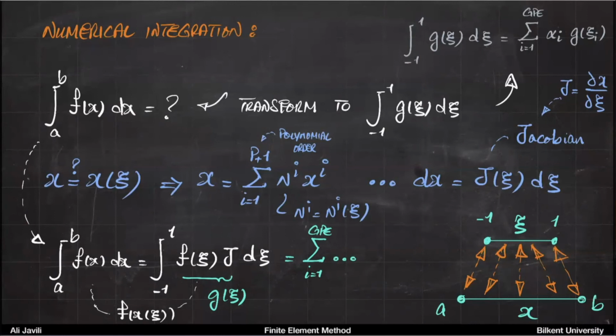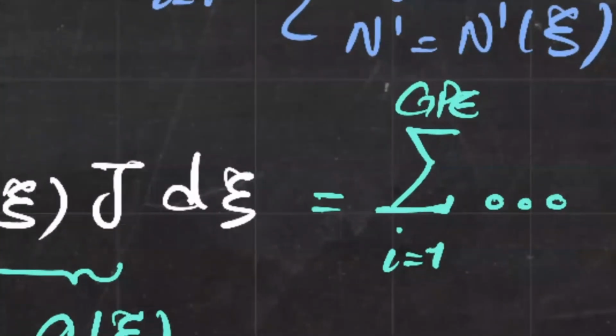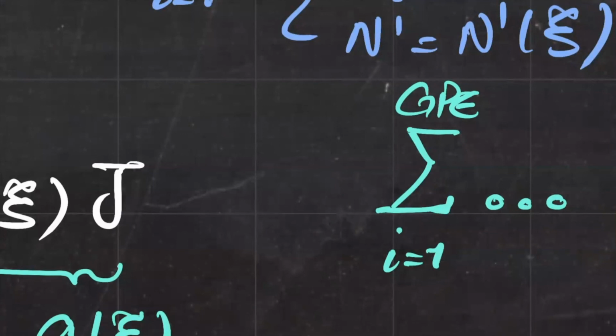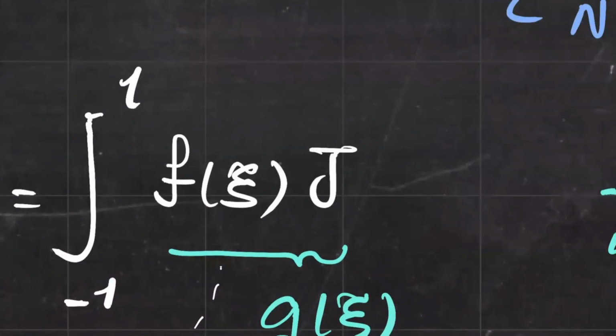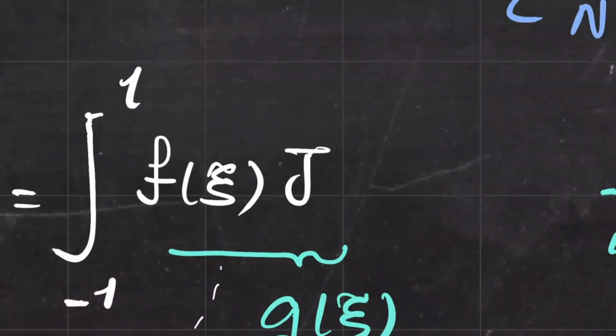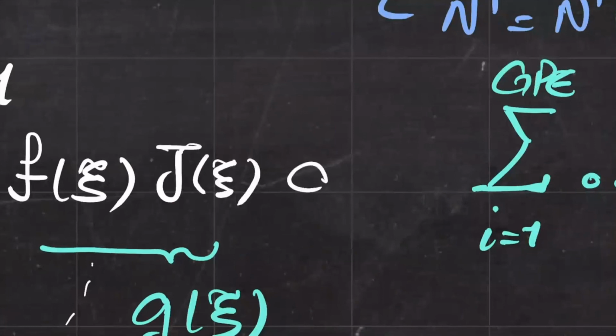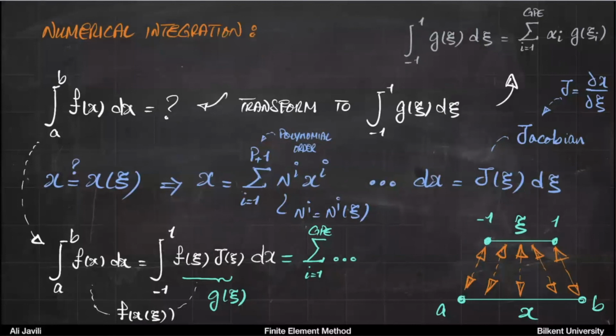And maybe I should be careful here: this J itself could also be a function of c. Okay, so that's it.